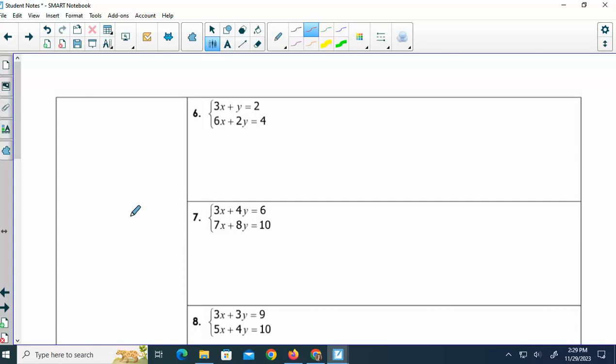Okay, what do you want to cancel? Okay. So in order to do that, they have to be opposite signs, same number, so we need to multiply everything in the first by negative 2. And the second equation we did not multiply, so it stays the same.